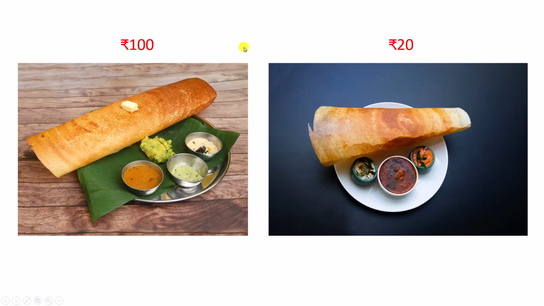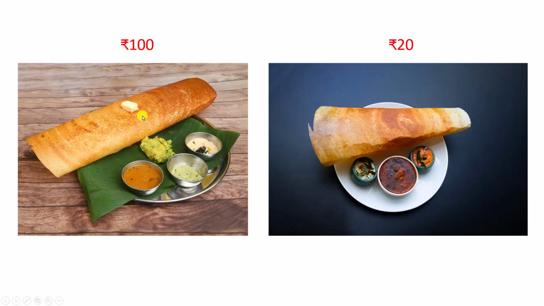Let us say that the average cost in the dosa industry is 50 rupees. Meaning, if you go to 100 hotels, in most of the hotels, the rate will be 50. You can assume it like that. So let us say that the average cost is 50 rupees. So this is overvalued, correct? This is undervalued because this is higher than 50, this is lower than 50.